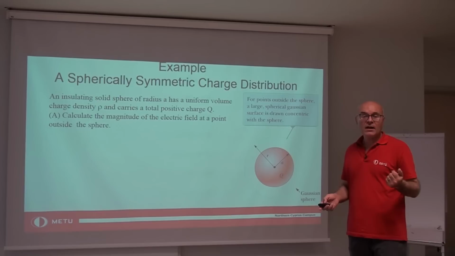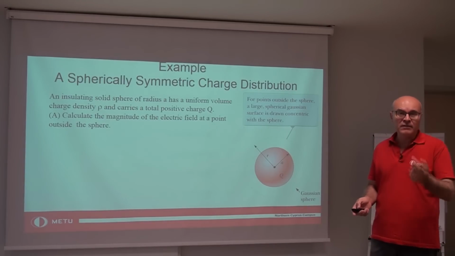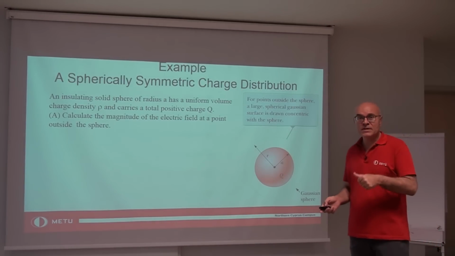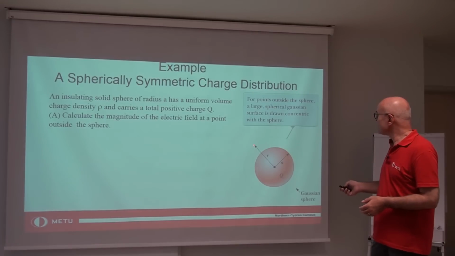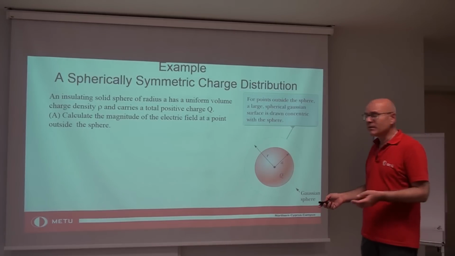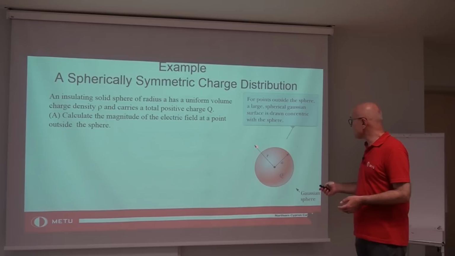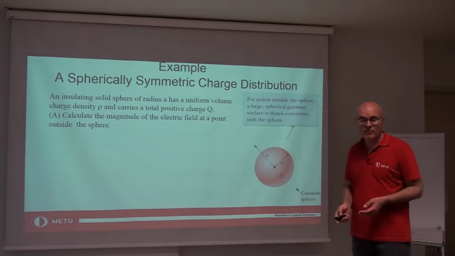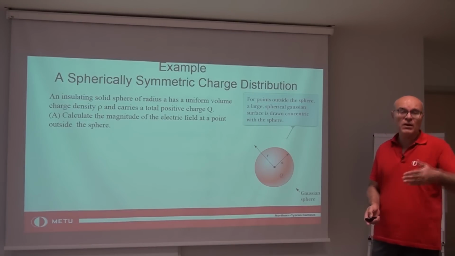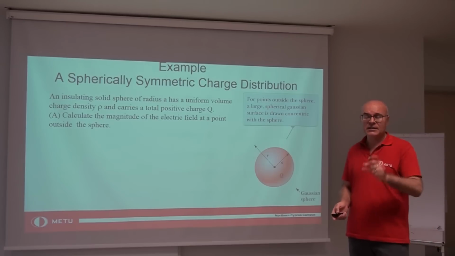Now, we are requested to find the electric field due to this charge distribution. First, at points r outside the sphere. We measure r from the center of the sphere, and if r is greater than A, then it is at any point outside the sphere at a distance r from the center, where r is greater than the radius of the sphere.